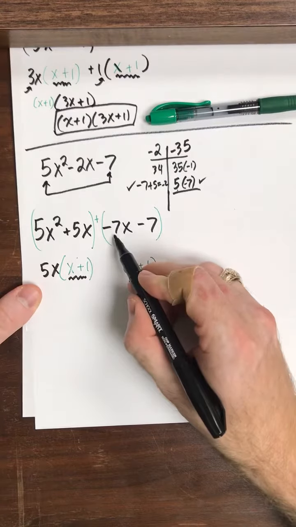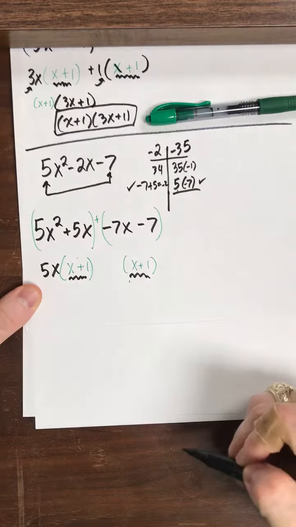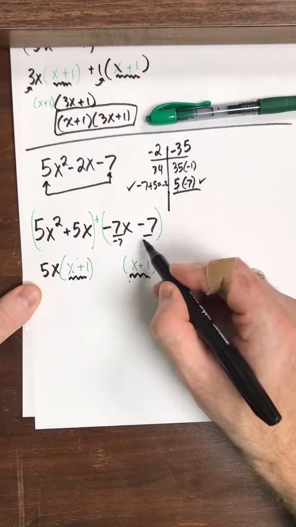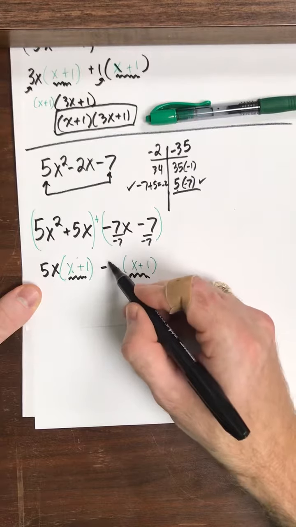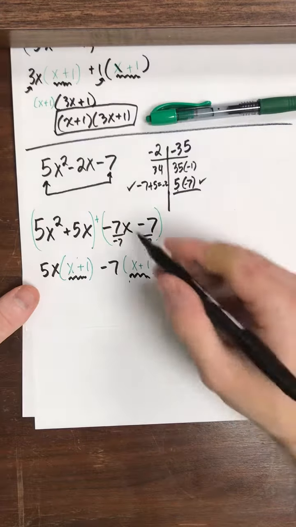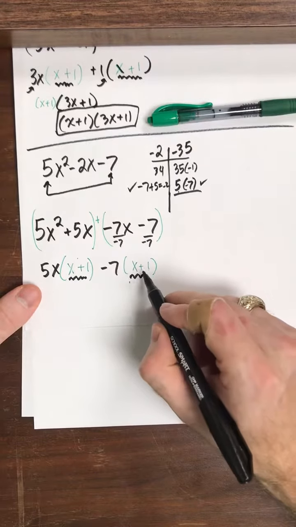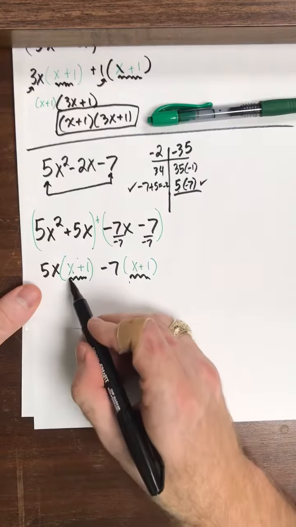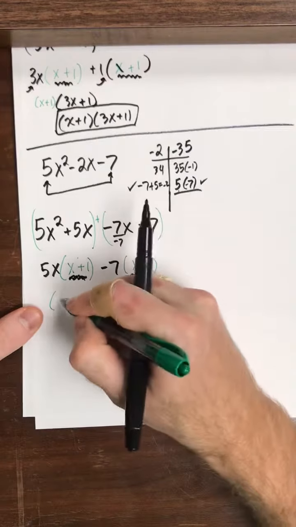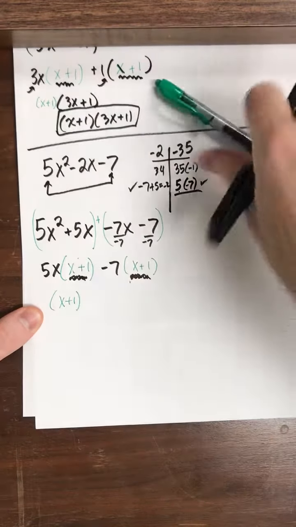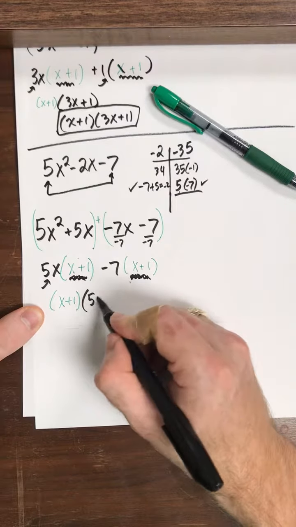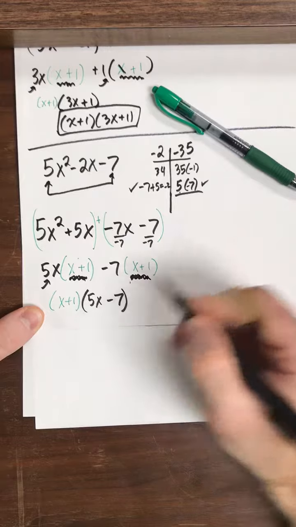But how do I make that negative 7x look like x? Well, if I divide both by negative 7, so I pull out that negative 7, then I think it actually works out. So it's kind of like we're reverse engineering to make sure we get this right term here, because we want this term to match this term so that we can then GCF the x plus 1 out of both of those, and then I have what left? 5x minus 7.